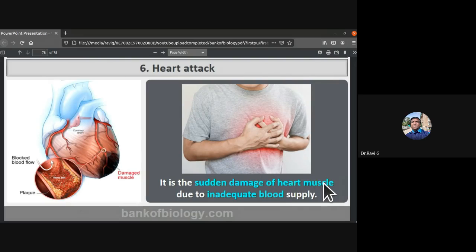Once there is no blood supply from the coronary arteries, the sudden damage of heart muscles due to inadequate blood supply is called a heart attack, or myocardial infarction.